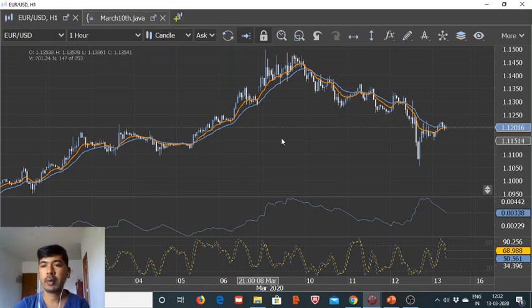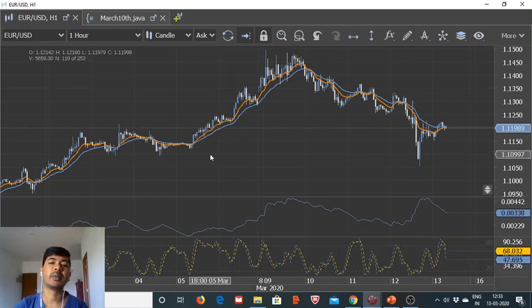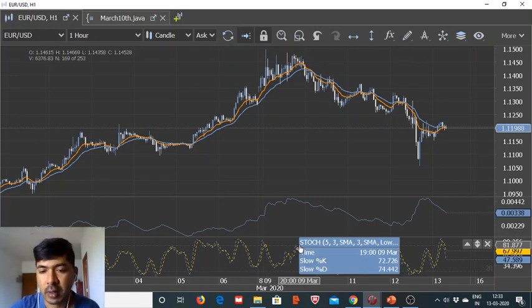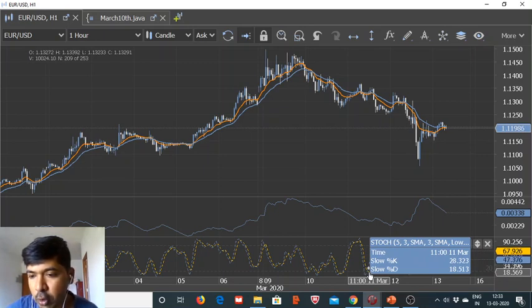What we will do, we will bring in the stochastic, we will define the conditions, this percentage K and the percentage D. We will need two stochastic blocks, one for the last candle period and one prior to that. And then when we are going for a buy trade, we want to make sure that one period back the slow K is greater than slow D, and prior to that it was in the bearish territory.